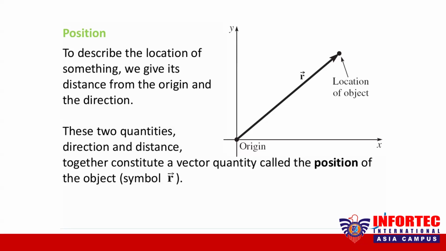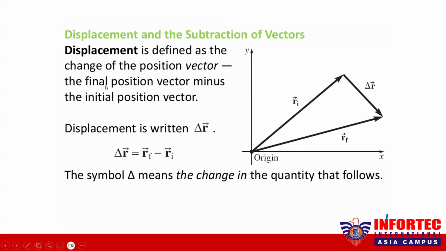Okay, I think it's clear, because direction is important. From the origin, we measure length on the right-hand side with the positive sign, but from the origin to the left-hand side we take the minus sign. To describe the location of something, we give its distance from the origin and the direction. Direction and distance together give the important quantity called position.